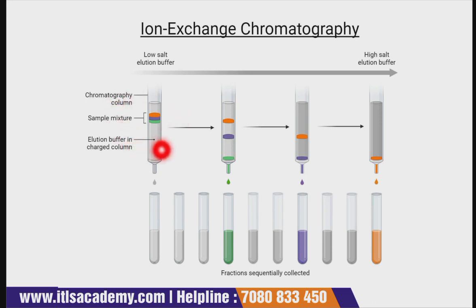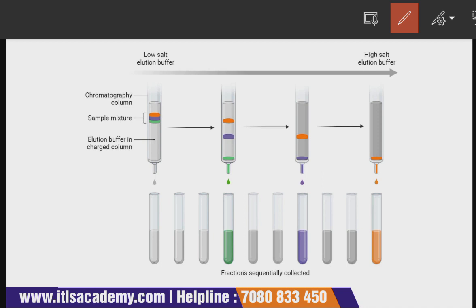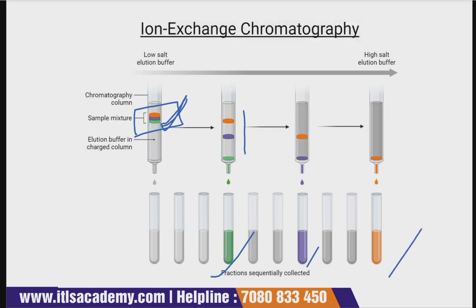Here is the sample mixture. Due to ion exchange chromatography, separation takes place. As you can see, the green color is separated, then the purple one is separated, and the last one, the orange one, is separated.